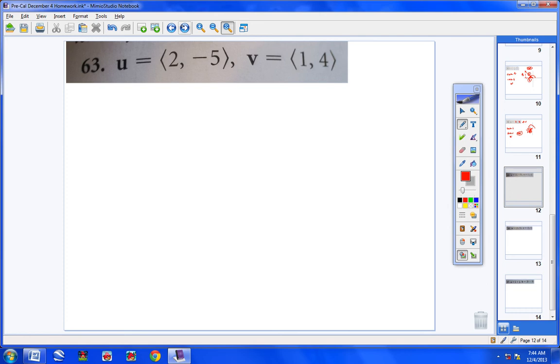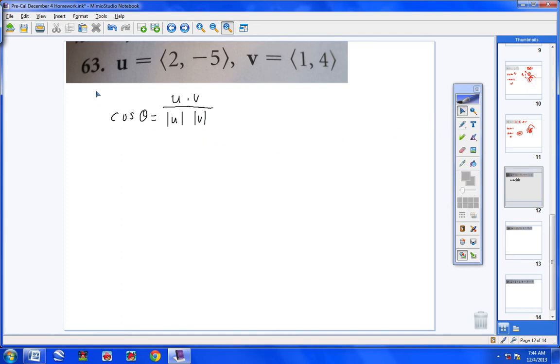Now if you'll look at your notes, the formula you were given was simply this. Cosine of theta equals the dot product of your 2 vectors divided by the magnitude of one vector and the magnitude of the other vector multiplied together. There's the formula.